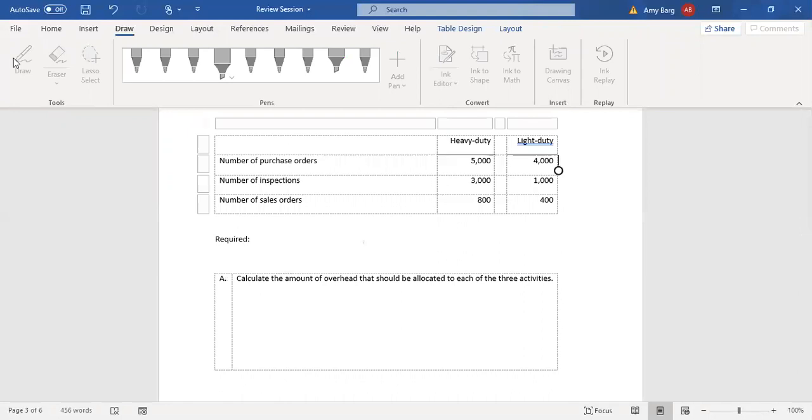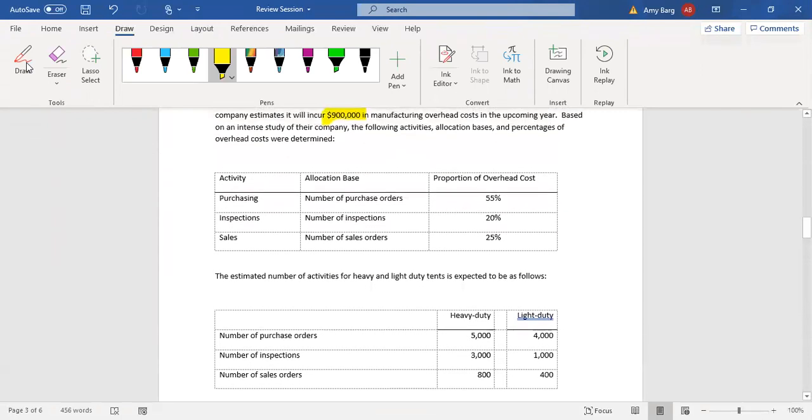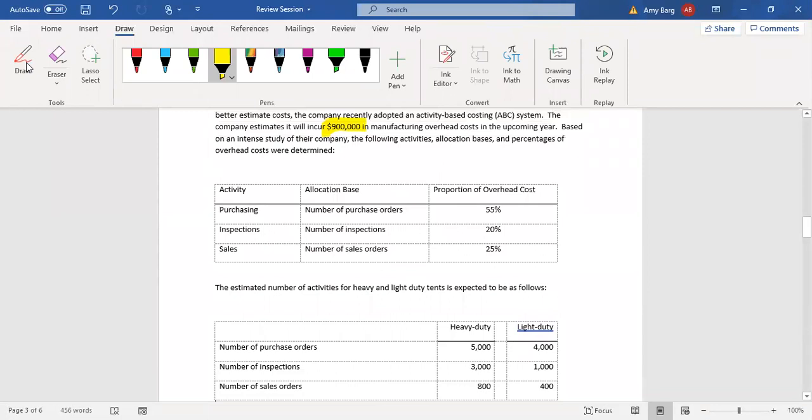So the first thing we need to do then is figure out how much overhead goes to purchasing, how much goes to inspections, and how much goes to sales. So what we're going to do is multiply 900,000 by 55%, and that's going to give us 495,000.